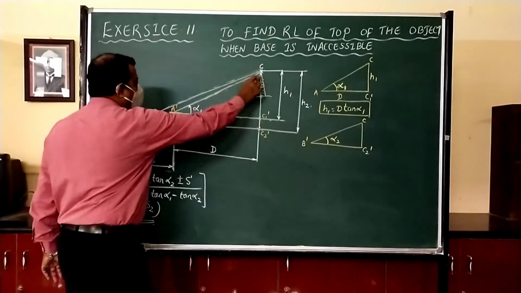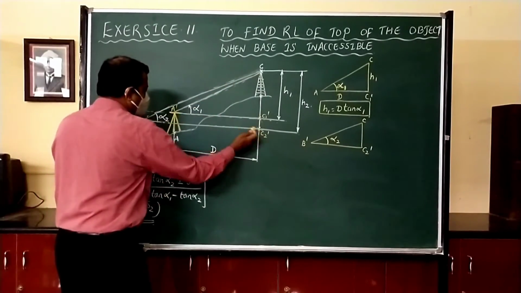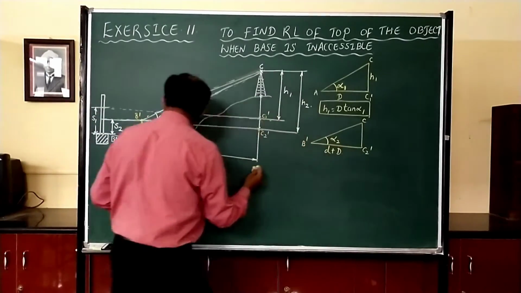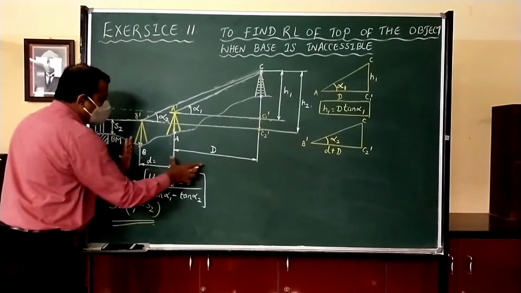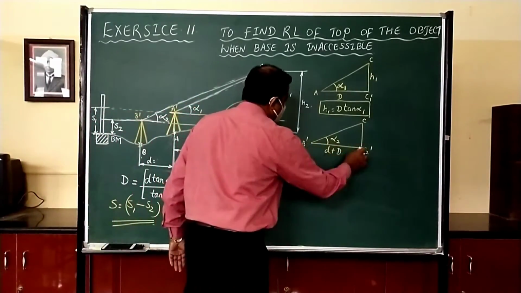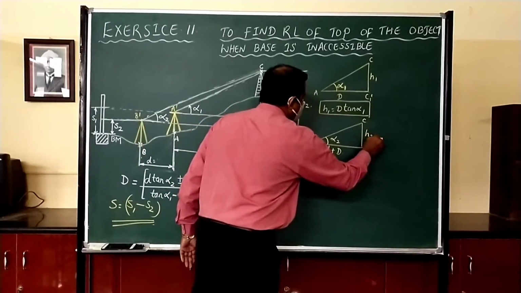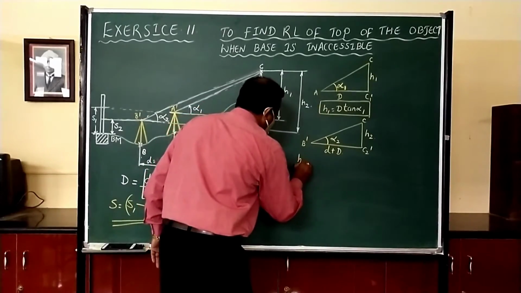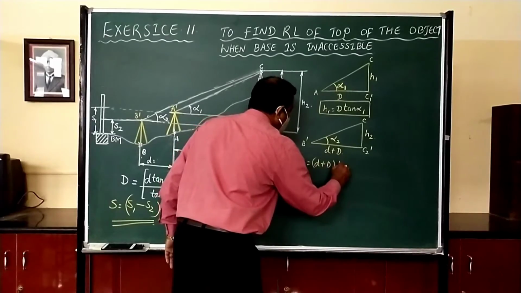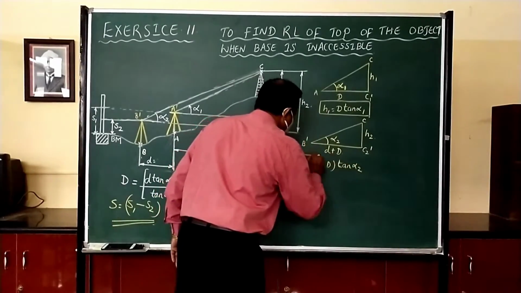The horizontal distance B dash C2 dash is small d plus D, since this distance is small d and this distance is capital D. Let us take the height as H2. Then the value of H2 will be equal to (d plus D) tan alpha 2.